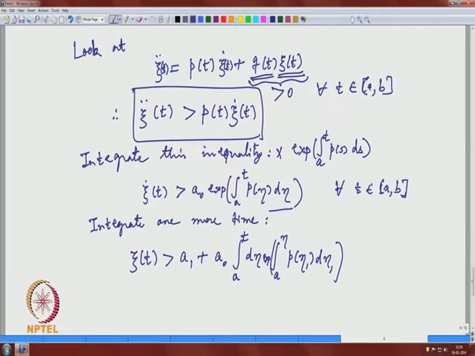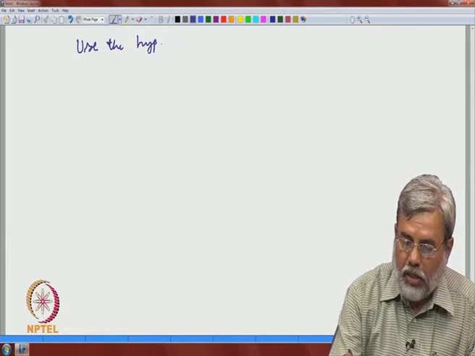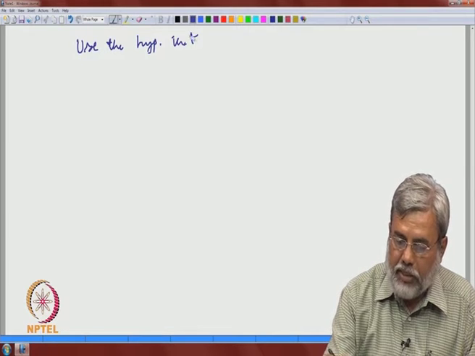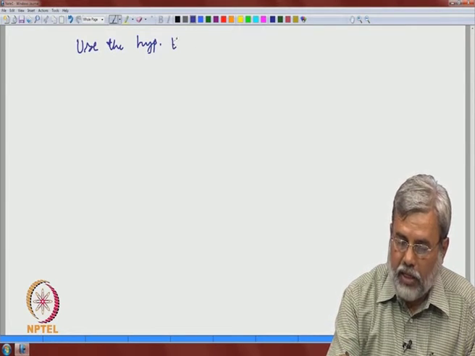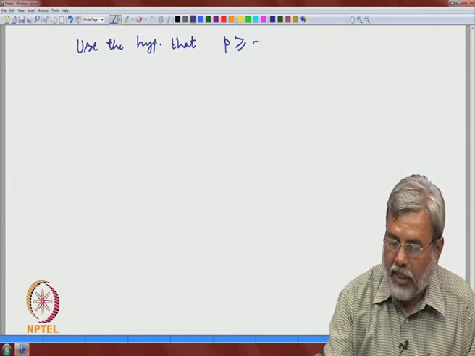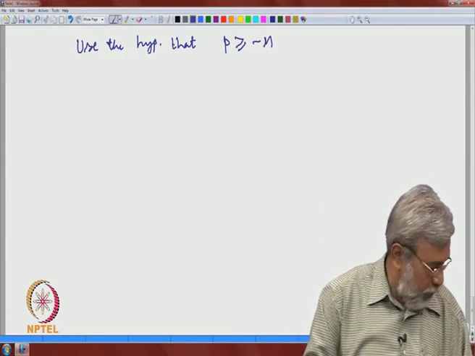Okay. Now, you use the hypothesis that mod p is less than or equal to m. So, we are just using one sided. So, p is bigger than or equal to minus m. Okay. M is some positive constant. Okay.